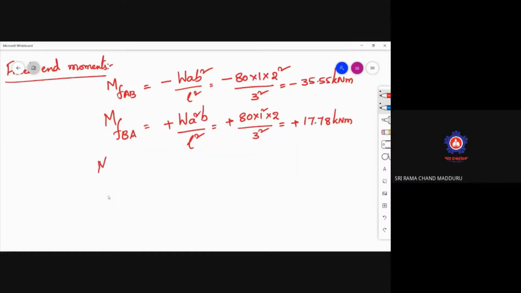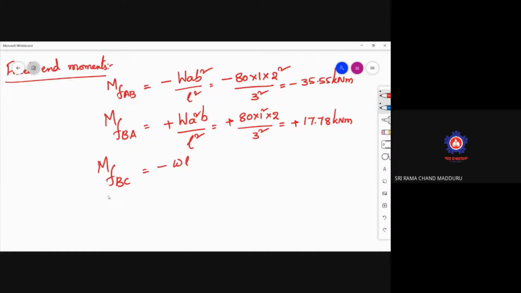And coming to MFBC, the UDL is 50. The supports are simple supports, there is continuous support, but we assume it as fixed to calculate the fixed moments.